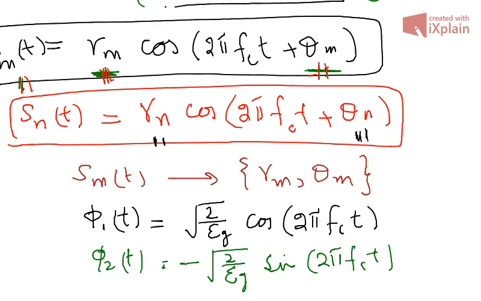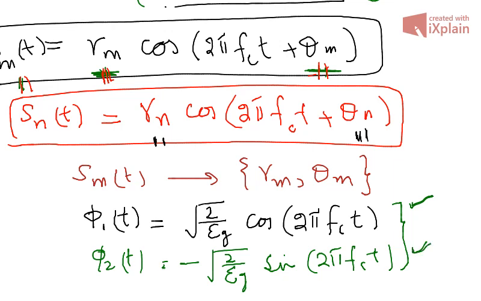So these two are orthonormal basis functions. We are using these two orthonormal basis functions throughout in our modulation schemes. Multiple times we have proved their orthogonality, right? You can always prove that the energy of each of phi 1 and phi 2 is unity and they are orthogonal.